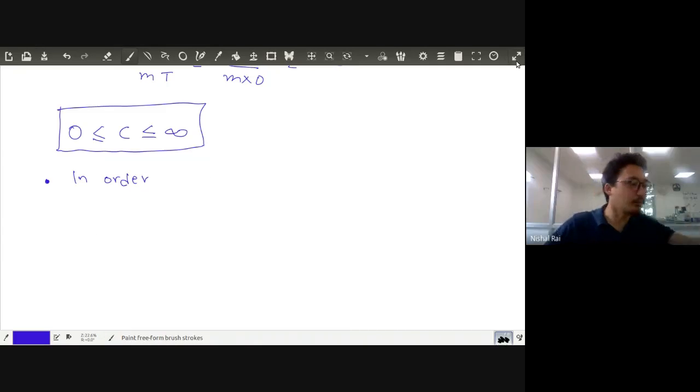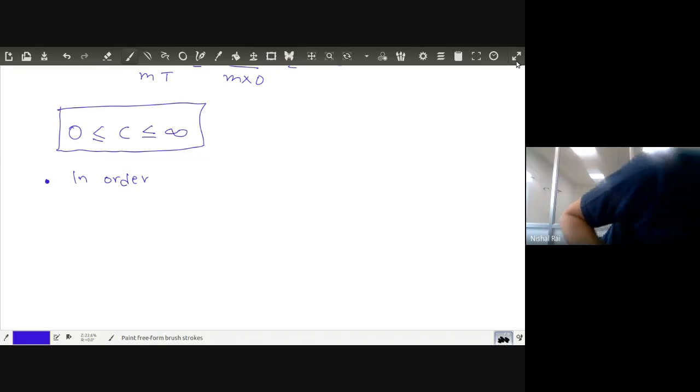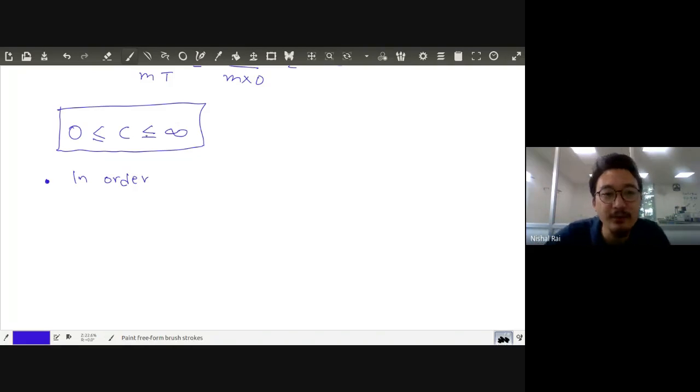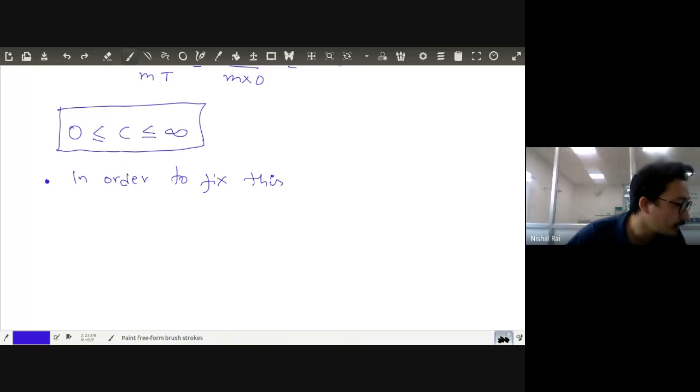Okay. If we have a problem where the specific heat is infinite or zero, then how will you do it? Infinite specific heat means the amount of energy it will absorb is infinite. So in order to fix this, because we want a quantity to have a finite value, we have to specify what?